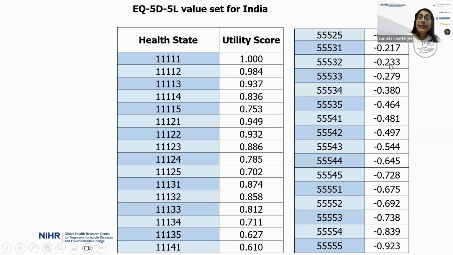Then there is a value set. Very fortunately, because of the team that worked in PGI Chandigarh, we have a value set for India. Say I have 1, 1, 1, 1, 1. Did you understand what it means?